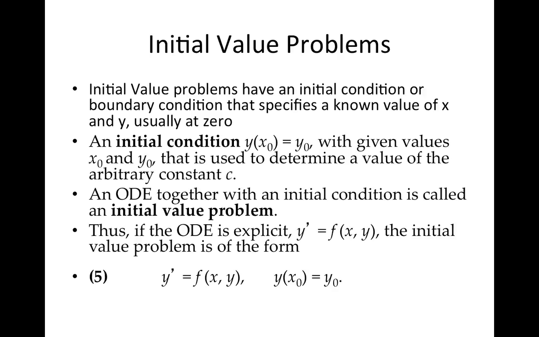So for example, an initial condition would tell you that if you know, for a particular value of x, often 0, the value of y, then that's an initial condition or a boundary condition, and that can be used to determine a value of an arbitrary constant c. So this is going to tell you which member of the family of curves forms a specific solution.